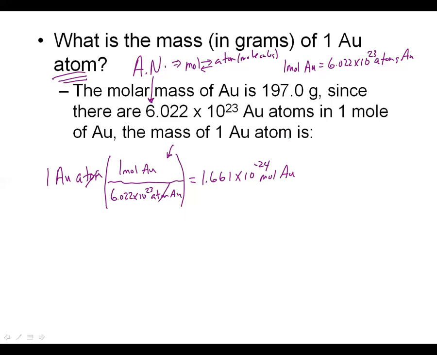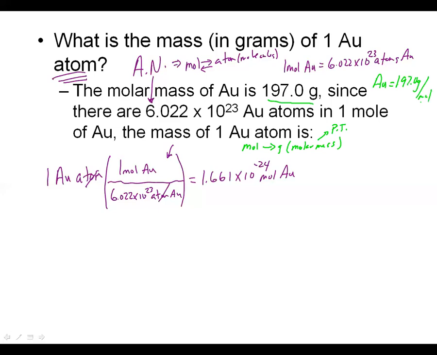At this point, what we then have to do is take our moles and go to grams. And now what we need to do that is the molar mass from the periodic table to do that. And if you look up gold on the periodic table, you will see that it has a molar mass of 197 grams per mole.